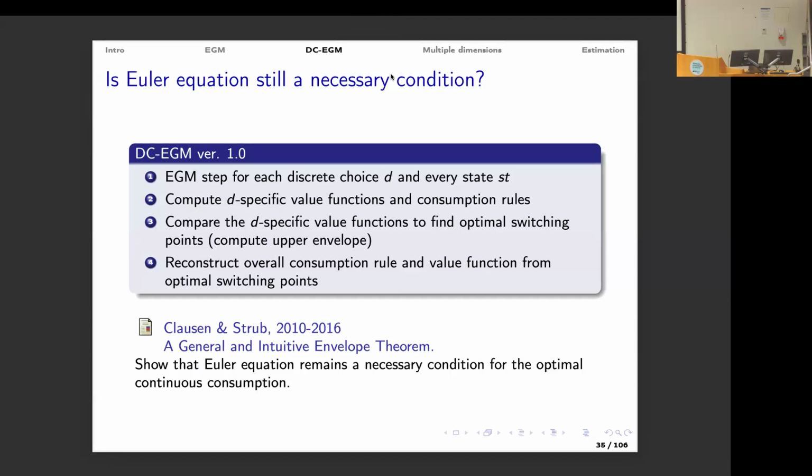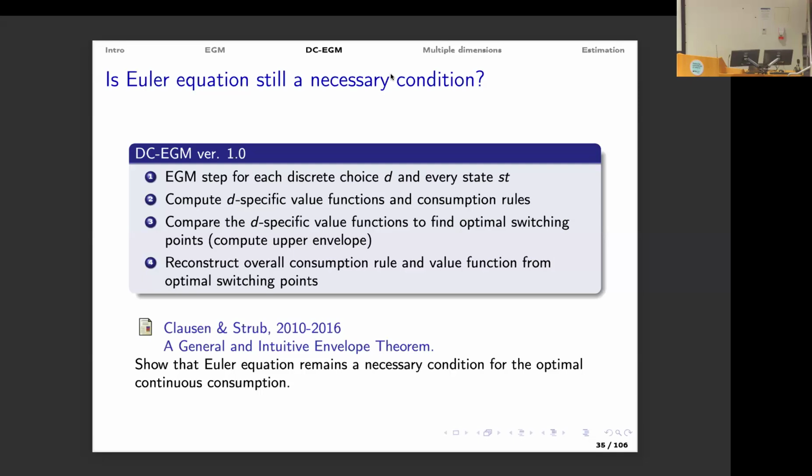Okay, one thing that needs to be cleared up is whether the Euler equation will even hold in this new setting. And this paper, which I think is published now, so I should add the journal, gives the answer.